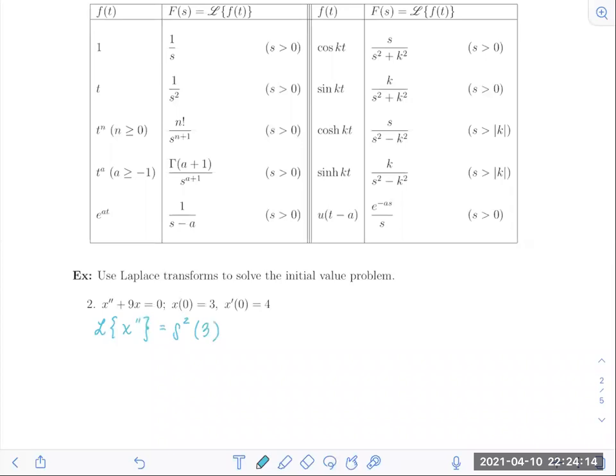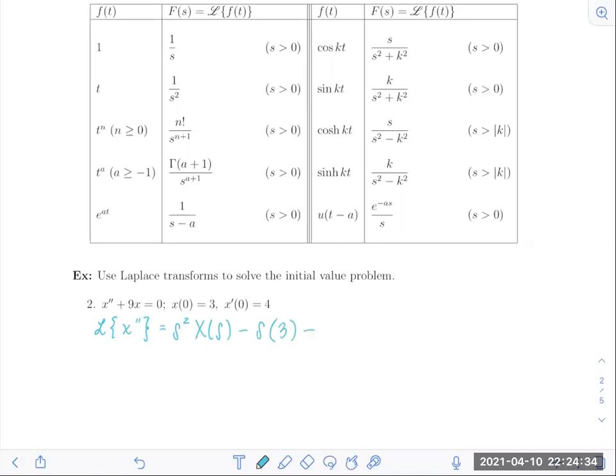Next, I want, excuse me, that's not what I want. I want my X of s here. So that's just the Laplace transform of little x of t. Then I want to subtract off, drop one exponent on the s, and then I want to multiply by my x of 0, which is 3.